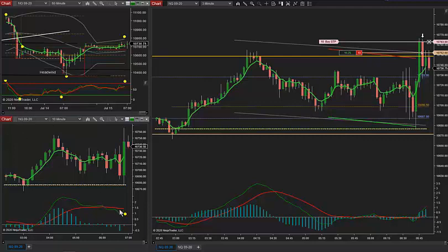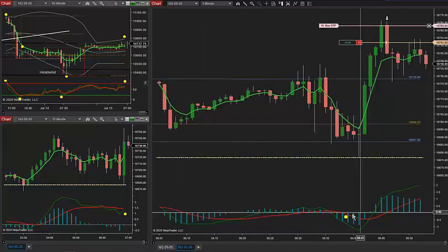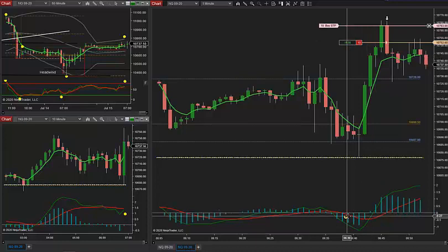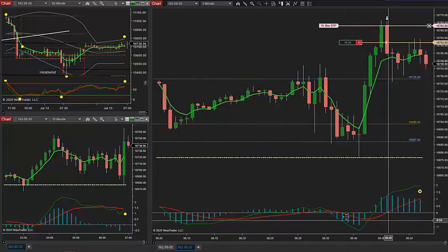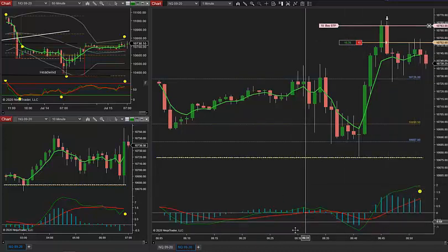But back to the MACD, I want the MACD slopes to be going in the right direction. And it's not uncommon for me to check all the time frames. The 1 minute I think of as an early warning or a scout.